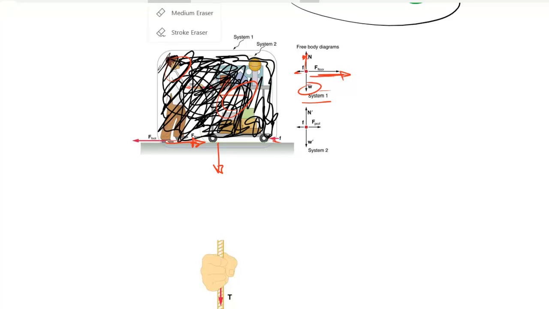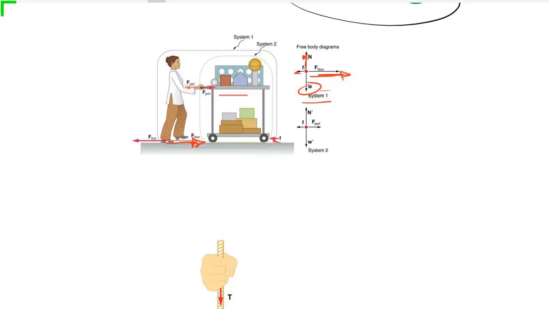If we just look at the other system, system 2, which was just the cart, then the external forces are a frictional force back, and the professor pushing forward this way. The weight would now just be the weight of the cart.